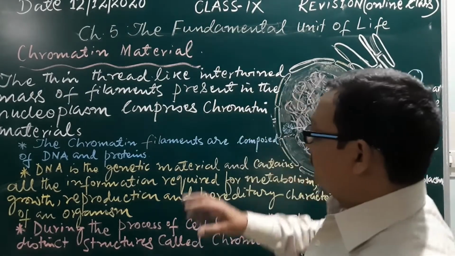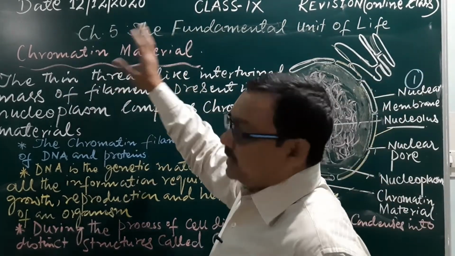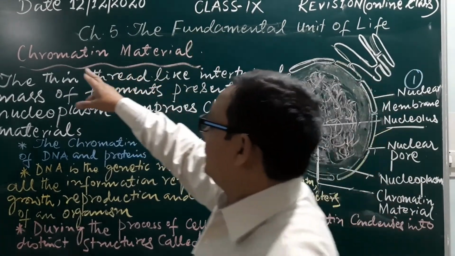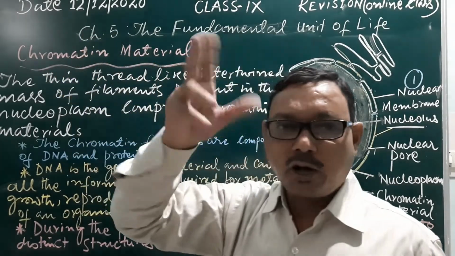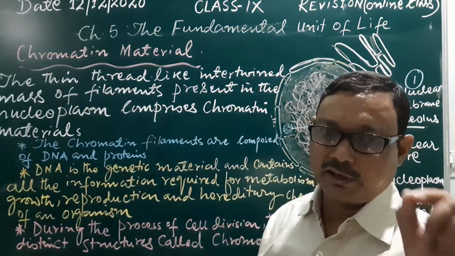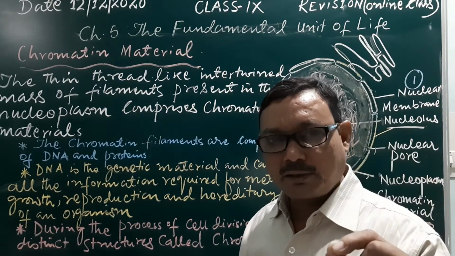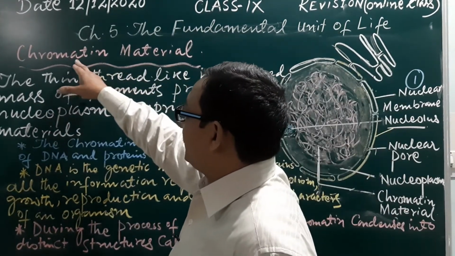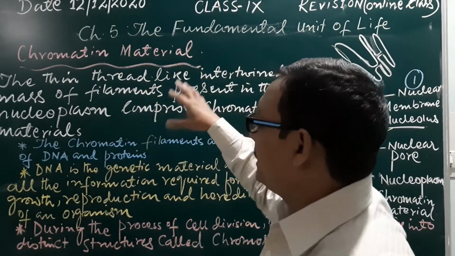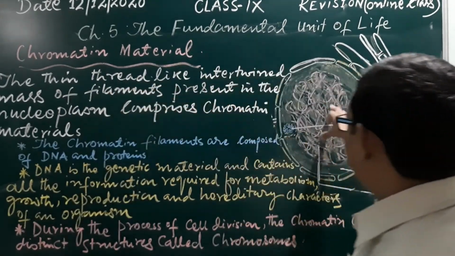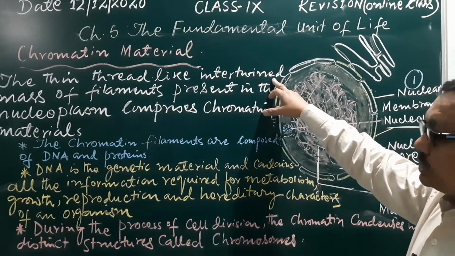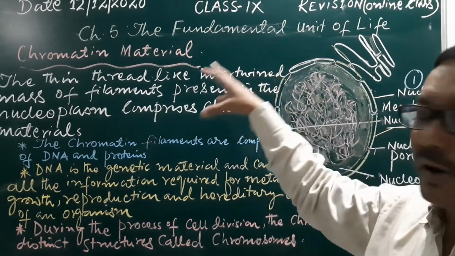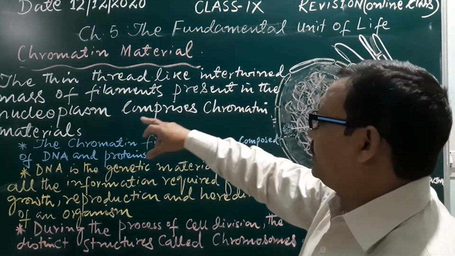Now look here, we have talked about the three important parts: nuclear envelope, nucleoplasm, nucleolus, and the fourth important part is the chromatin material. The thin thread-like structure which you are looking at here is an intertwined mass of filaments present in the nucleoplasm.